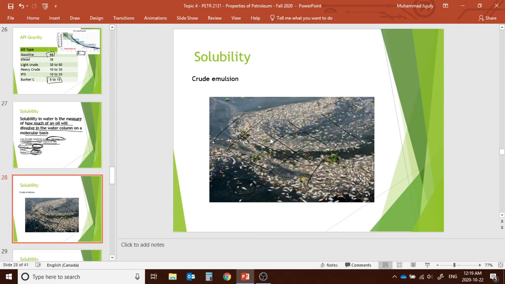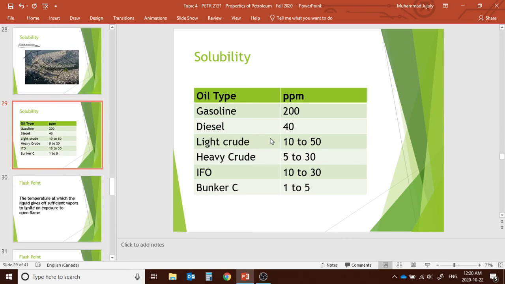That's one of the reasons there will be a loss of aquatic diversity; some aquatic creatures would have problems with this crude emulsification. So this is very, very bad.